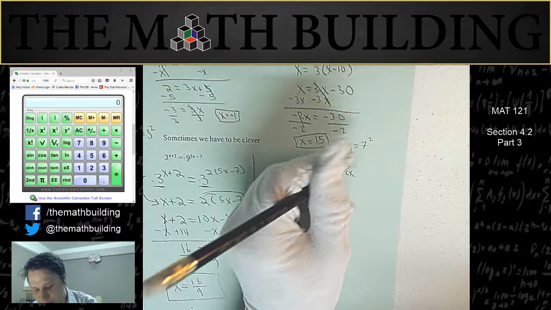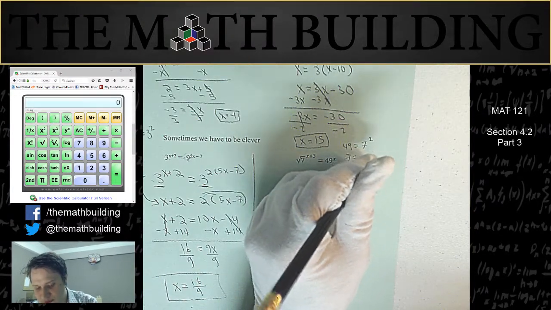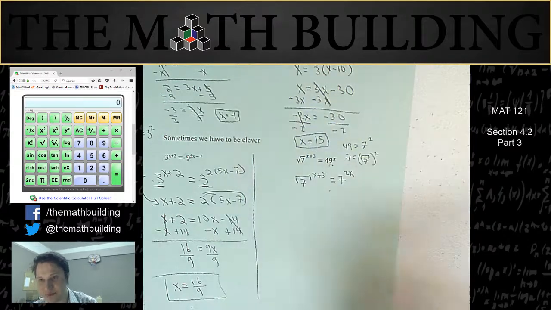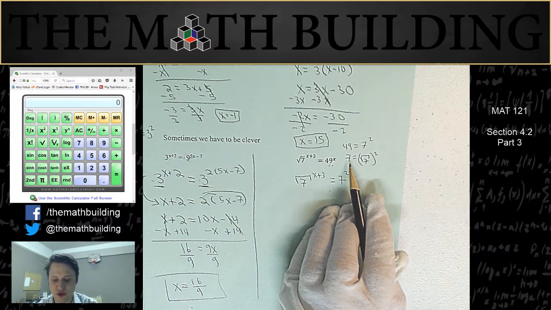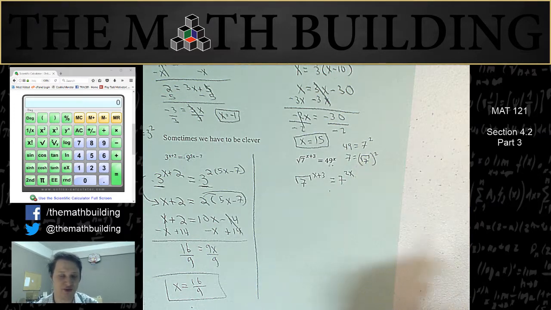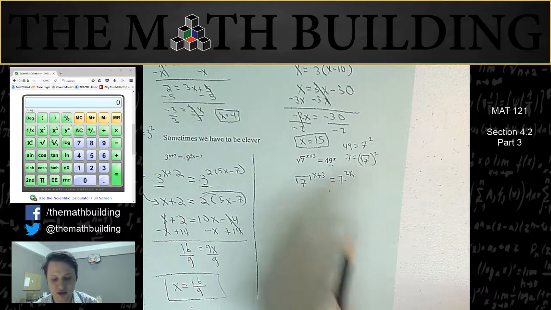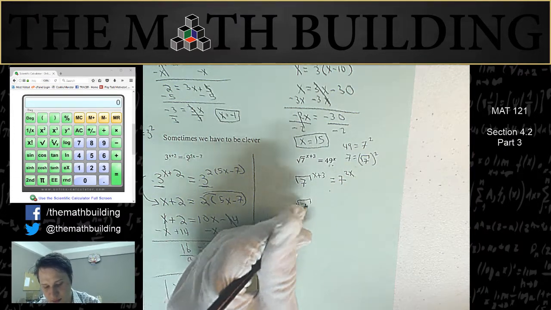And luckily, we know that 7 is equal to the square root of 7 squared. Look at that for a second and make sure you agree with me. Do you agree that 7 is equal to the square root of 7 squared, because the square cancels the square root? So we're going to do the same process again. Leave the left alone.